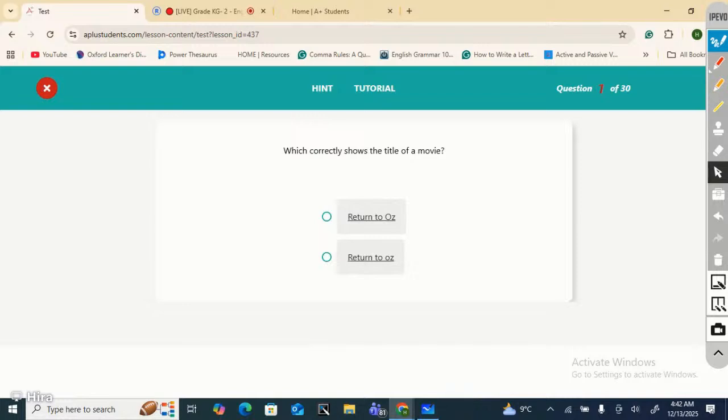Okay, so look at the first option, Return to Oz. First word, capital, capital. So, yes, it is the correct one.